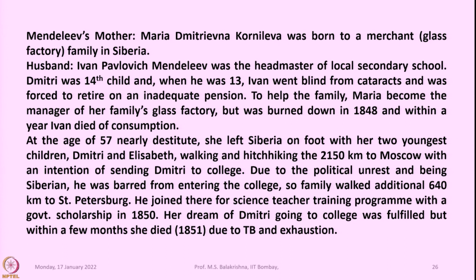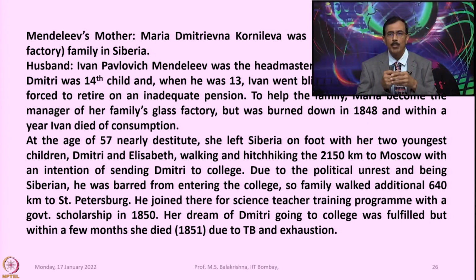When he was 13, Ivan went blind from cataracts and was forced to retire on an inadequate pension. To help the family, Maria became the manager of her family's glass factory, but it was completely burned down in 1848, and within a year Ivan died of consumption, that is tuberculosis.